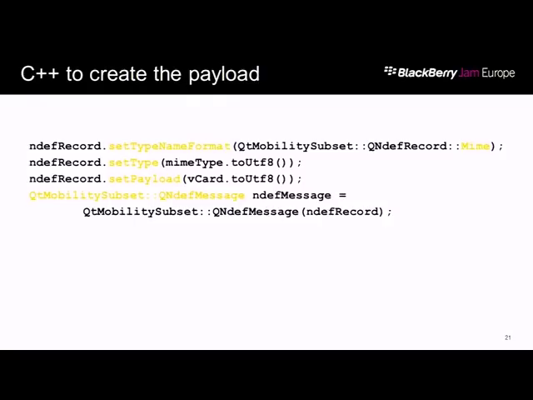We say the TNF, type name format, again using Qt Mobility subset, is going to be MIME type because it's a vCard and has a MIME type. So this is a particular type of TNF NDEF record. We populate the MIME type in there, set it to UTF-8. We set the payload of the NDEF message. We take the vCard string, the QString we've built, as UTF-8, because we want to make it into a byte array.